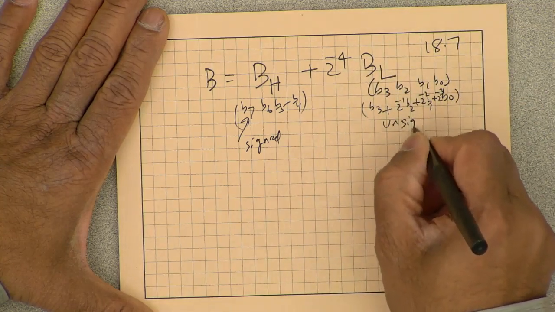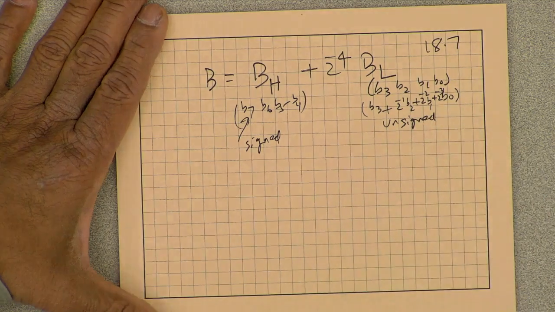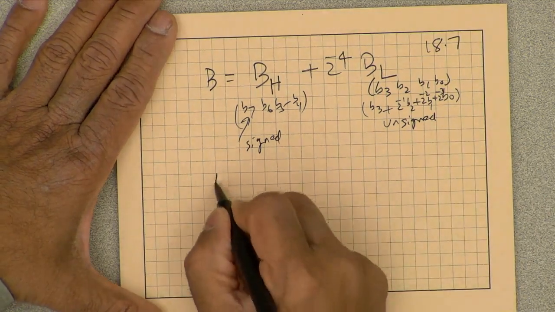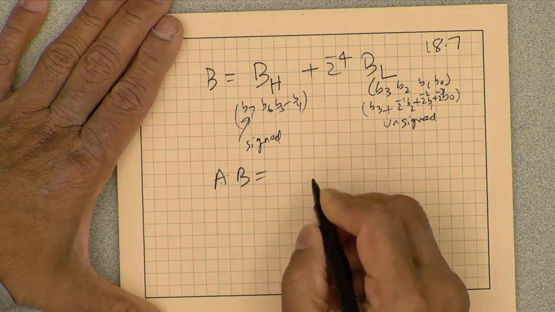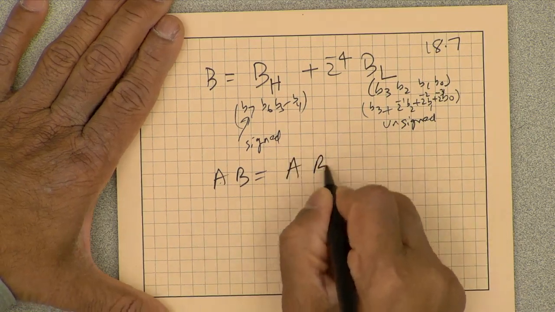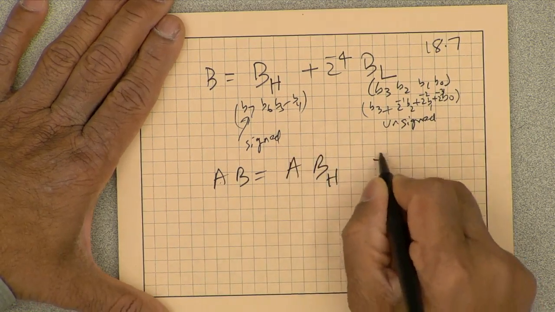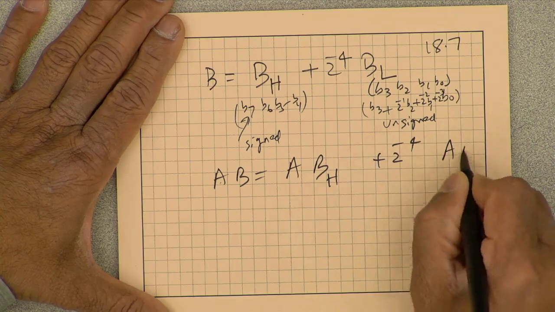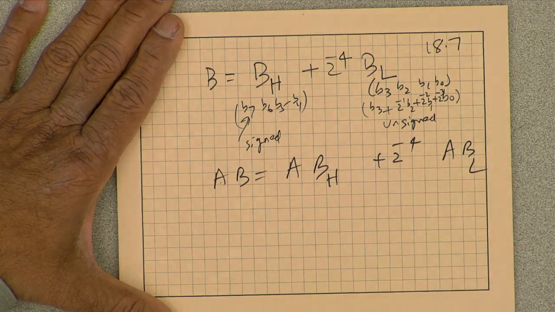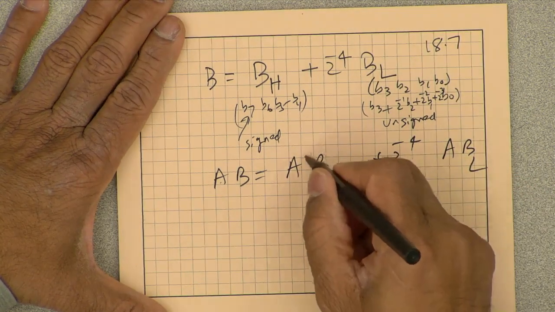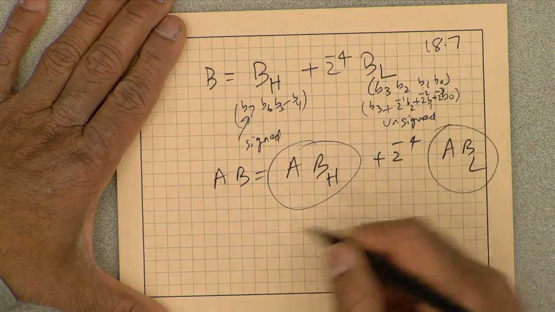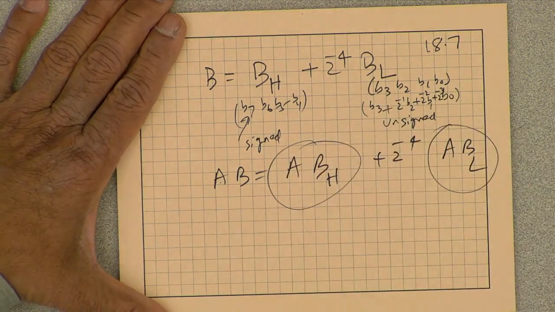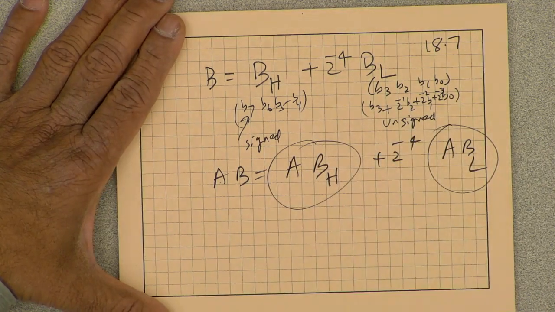Okay, so you can have a signed multiplier or an unsigned multiplier. Now a times b has been broken down into two multiplications. I can multiply by ABH, the high part, and ABL, and then finally add them together by the scaling operation here.